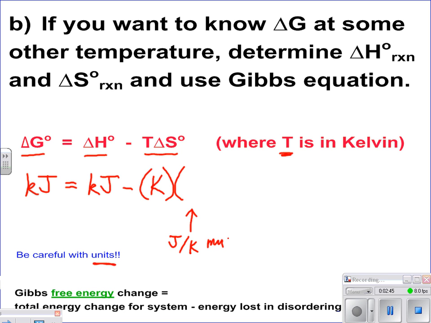So you must convert that right up front before you plug it into this equation, and you must convert it to kilojoules per Kelvin. Then everything will work out nicely. So that's the big thing to think about: your delta S value.